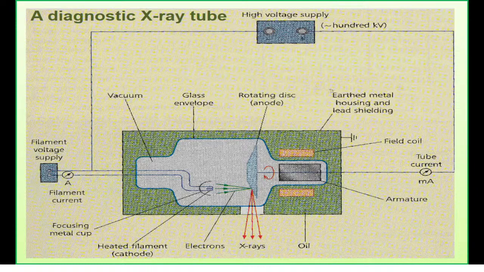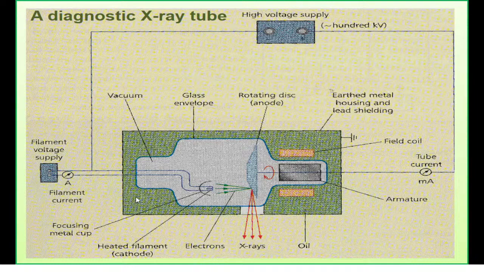It is the glass vacuated tube, including 2 electrodes. The first electrode is connected to the negative pole of the external high voltage supply, and this electrode looks like a coiled filament, and as you can see here, it is connected to the filament voltage supply as well. That is heating the filament.